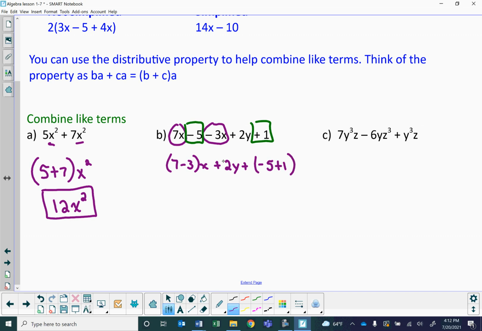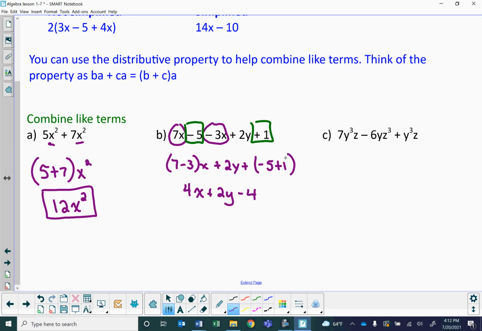So 7 minus 3 is 4 times x is 4x plus 2y, because there's no other y, so that can be combined with nothing. Negative 5 plus 1 is negative 4. So 4x plus 2y minus 4.